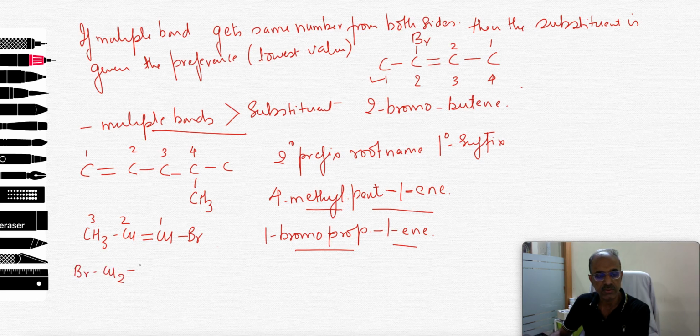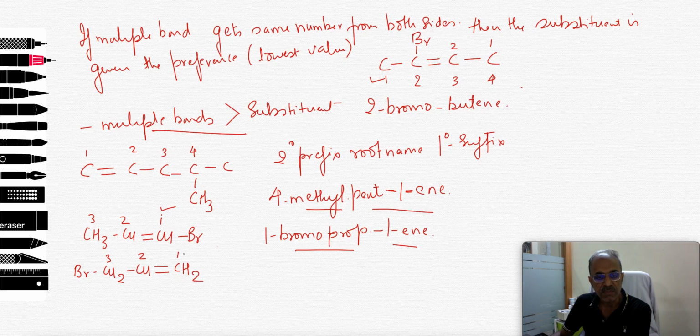Suppose now CH double bond CH2. As I have told you earlier, the first preference has to be given to the multiple bond. 1, 2, 3. Here the substituent is at the third carbon atom, but the multiple bond is at the first carbon atom.